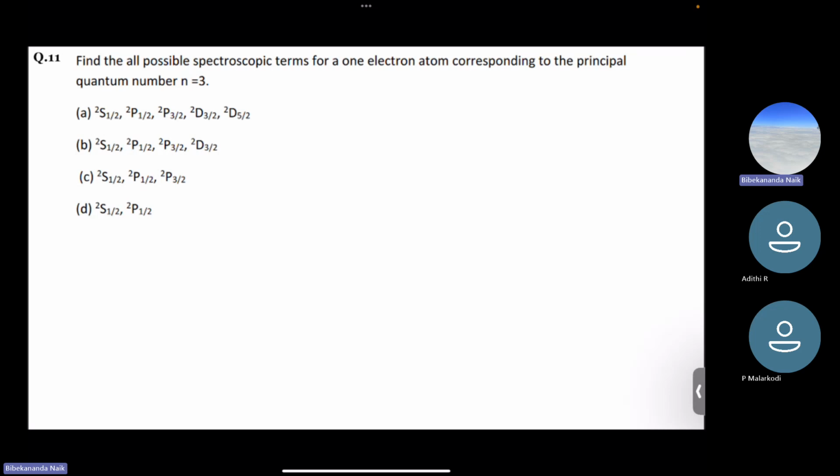Since we are discussing questions mainly based on spectroscopic terms, I skipped the previous two problems. So we will solve this problem. Then we will solve additional problems covering the concepts that we have discussed in the class. So I request you to please solve this one, and then we will be discussing some other problems.